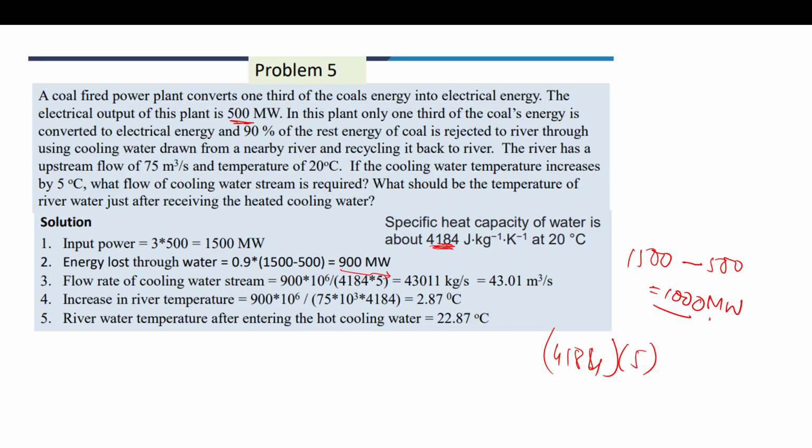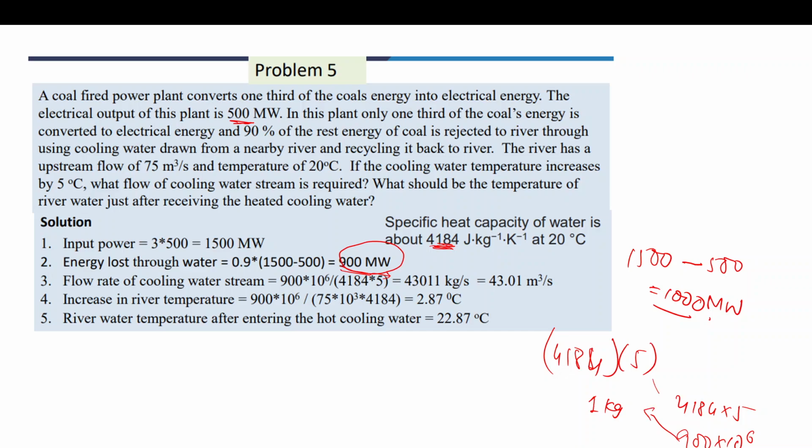Now if you want this much energy to be consumed, for 1 kg it will be 4184 into 5. If you want 900 into 10 to the power 6 joules of energy to be consumed per second, how many kgs are required?